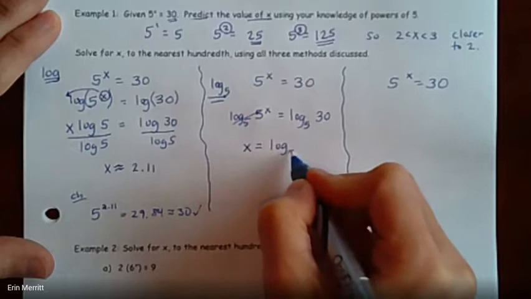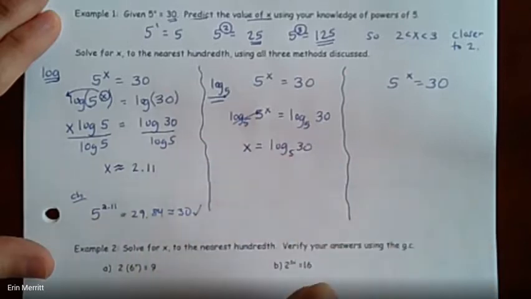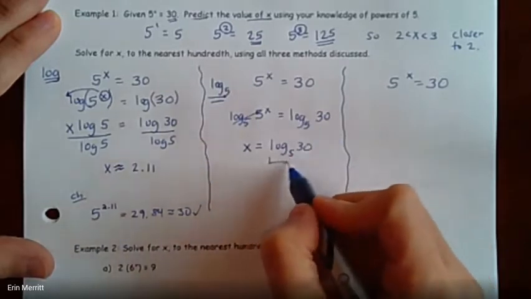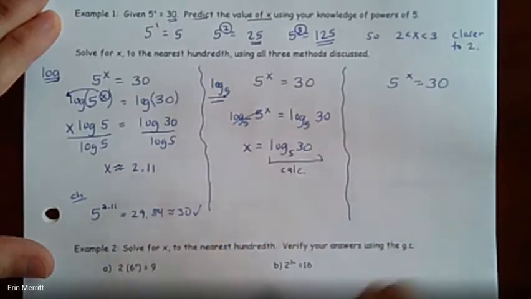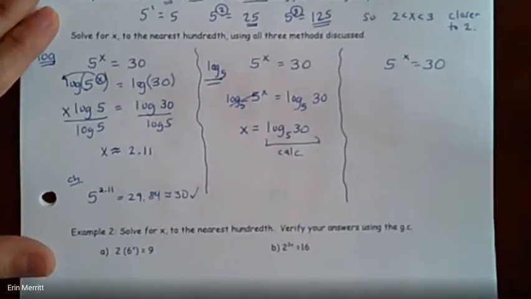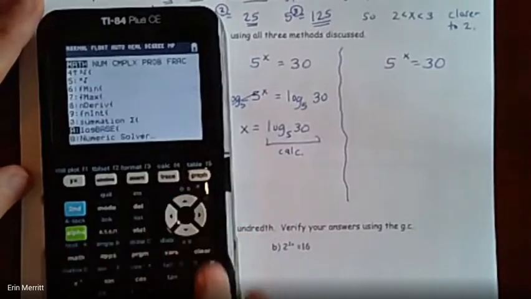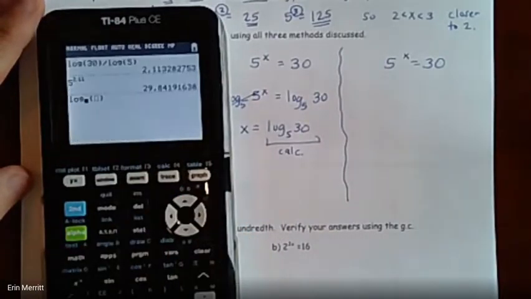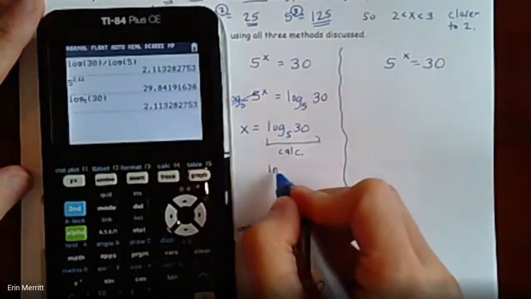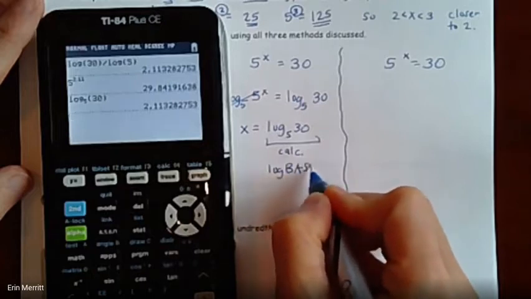Over here, what I get is log base 5 of 30, which you now know how to type into the calculator. If you have that log base button, here's your moment to shine. All right, so math, go up. Log base right there. And then you can type in the base of 5, type in the 30 here, and there you go. All right.